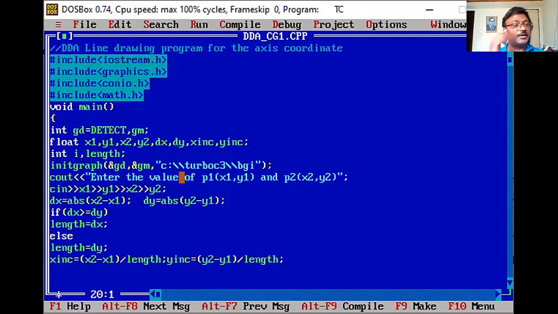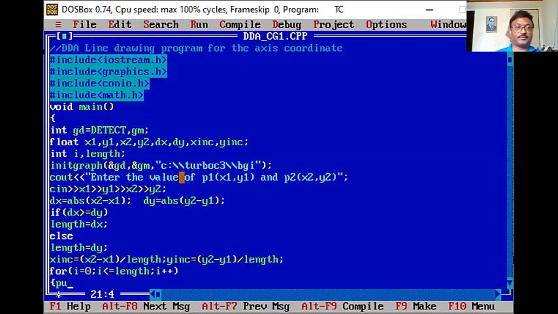That is the increment value that you have calculated. Now go for the for loop. For i is equal to 0, i less than or equal to length, because you have to calculate up to the length. That is my condition. Then i plus plus.